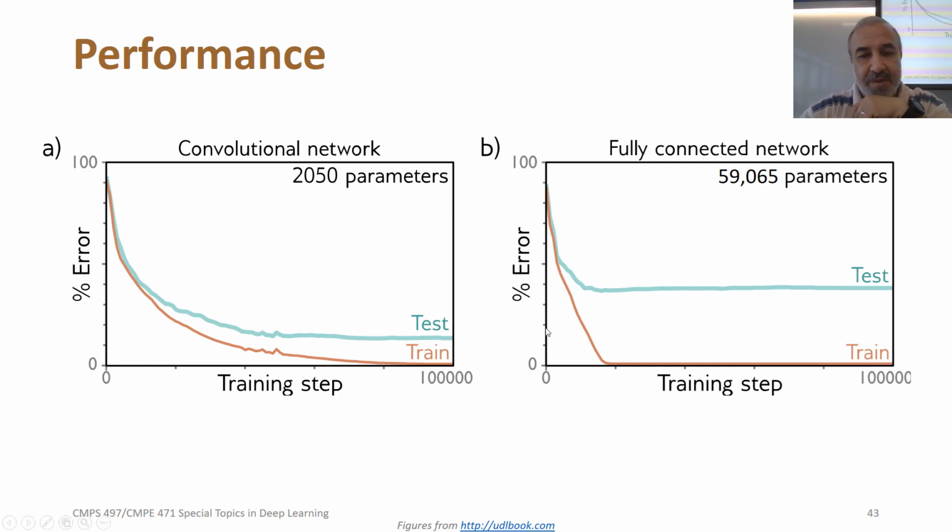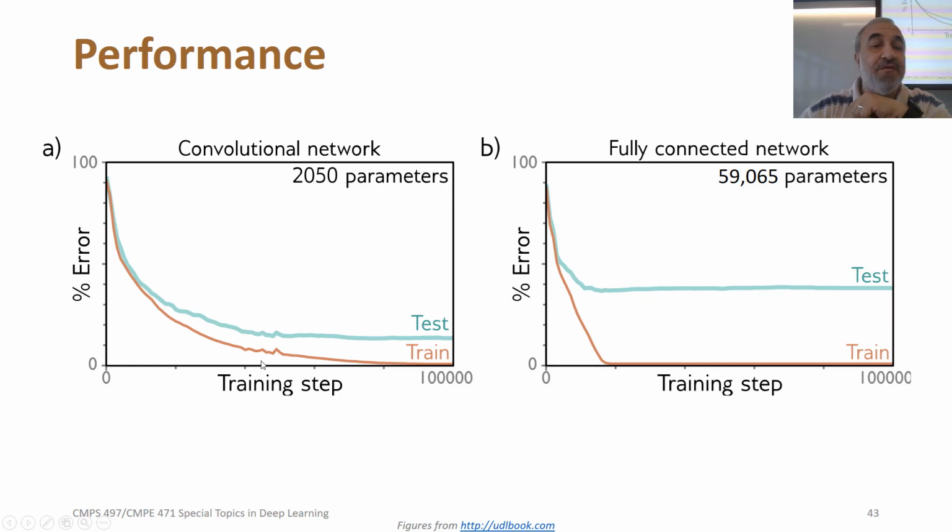Good. Probably what happened here is overfitting, because we have a very large number of parameters, but it didn't generalize. Probably this is the case, but it didn't happen here. It happened, but very late, after many training steps, but it happened much faster here because of the number of parameters.